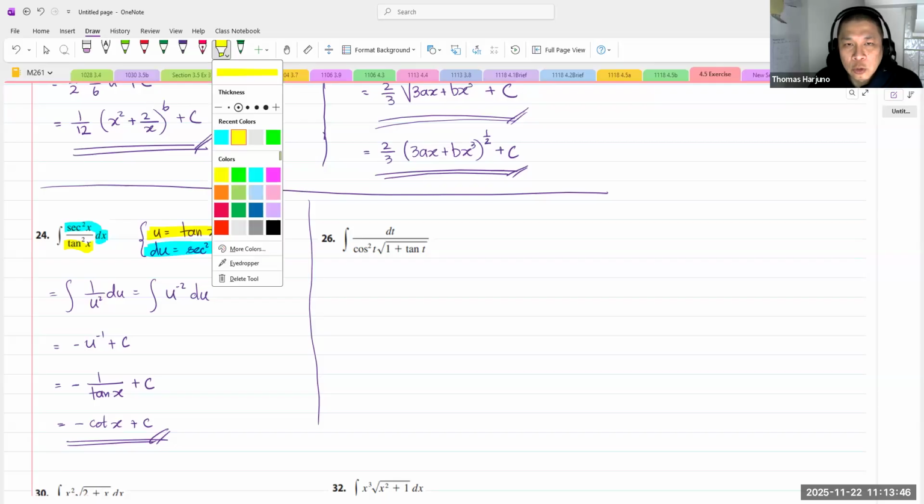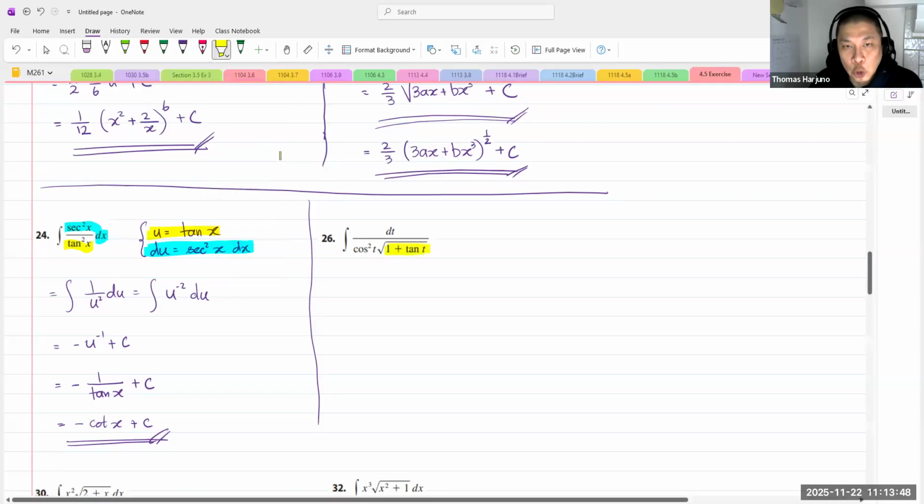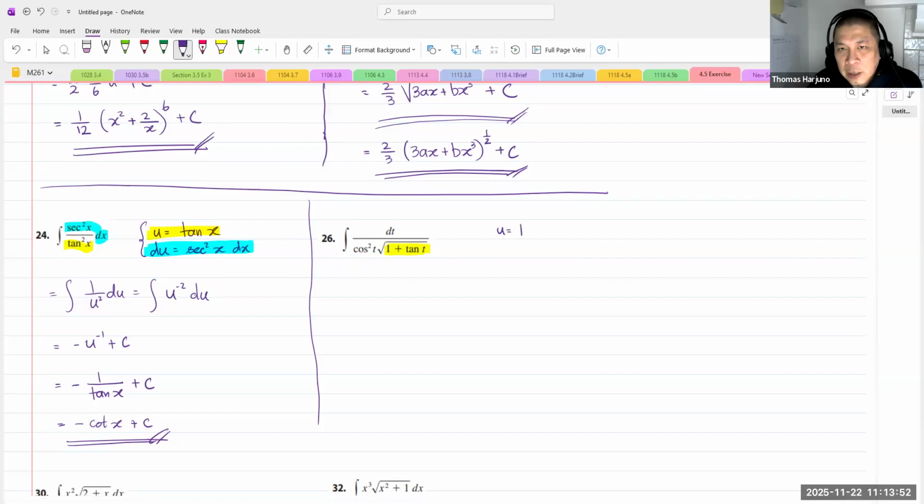Okay, now in number 26, I would choose this as my u, and you may feel something strange. It makes sense, right? It's inside the square root, and usually that's what we do. If it is inside the square root, inside the grouping to some power, that's what we substitute. Now the thing is, when I do the du, I get secant squared t dt. We don't have that though.